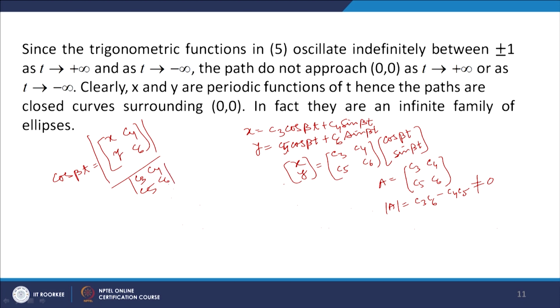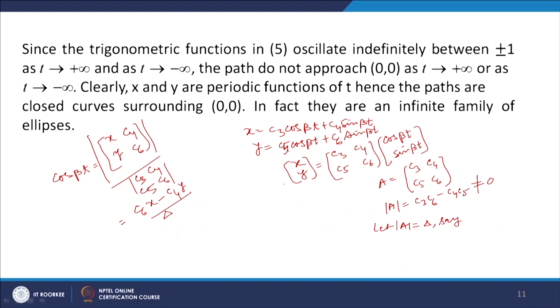So, this is cos beta t, equal to c6 x minus c4 y divided by the determinant of the coefficient matrix, determinant of A, which let us call delta.